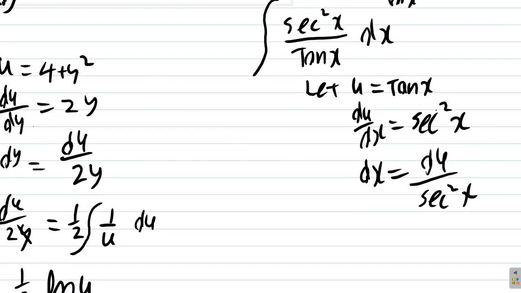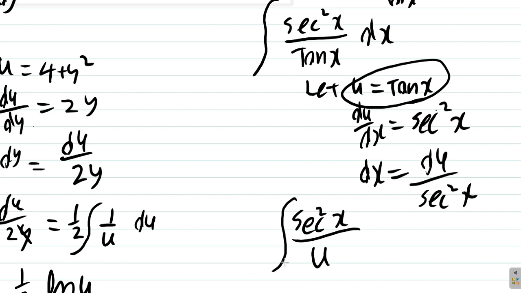Now, what we have is the integral of sec squared x over u, which is tan x. Remember, u is tan x, over u dx.